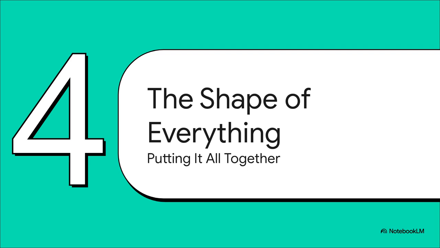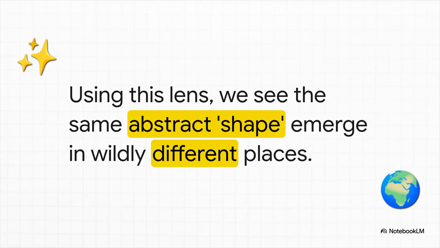Okay, so we've got our special lens, and we have our building block principle of compositionality. Now, let's actually put on those goggles and see that hidden pattern out in the real world. Because when we use this lens, when we look at the world this way, something truly incredible happens. That hidden, abstract shape we've been hunting for, it starts popping up everywhere.